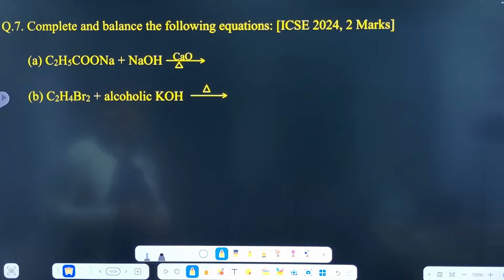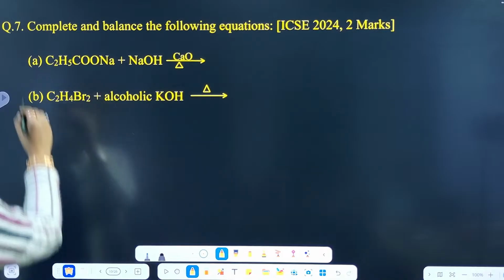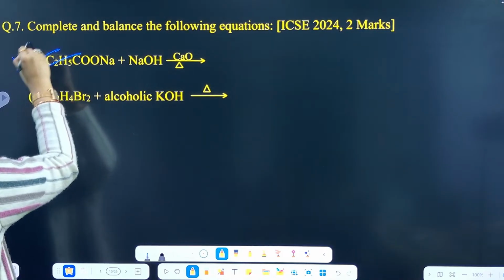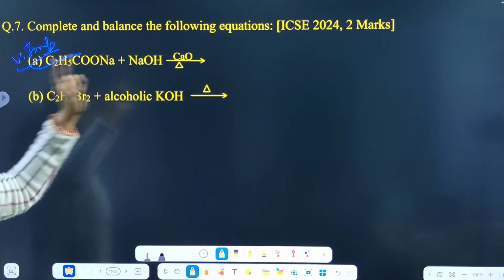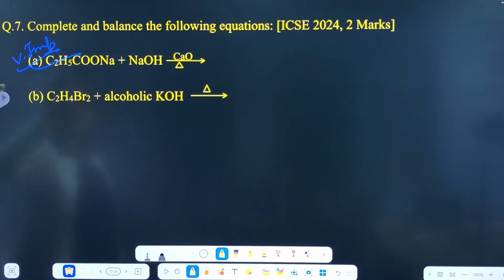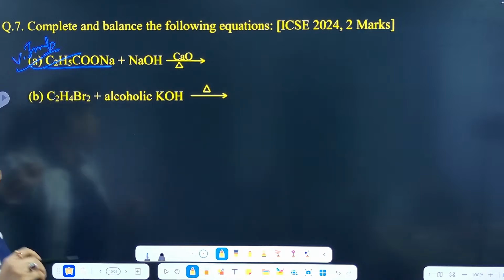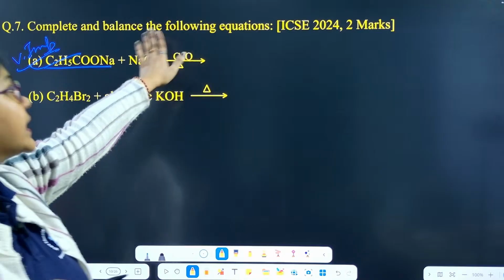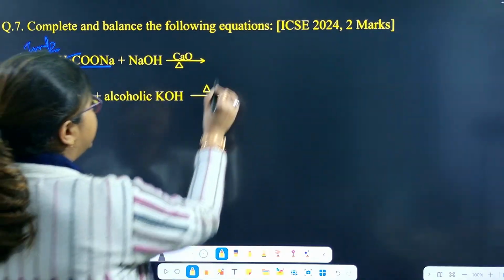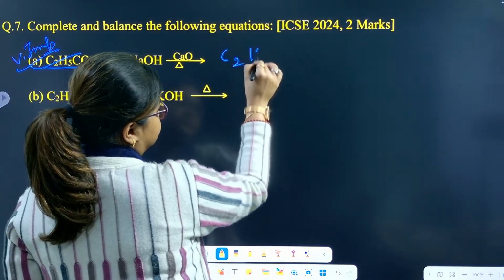Now you see, complete and balance the following equations. See, I said this is very important. That was sodium acetate. This is sodium ethanoate, right? Sodium ethanoate, when it reacts with soda lime, will generate ethane.